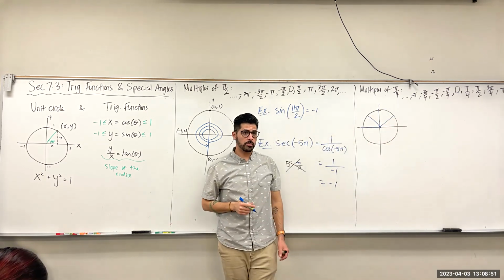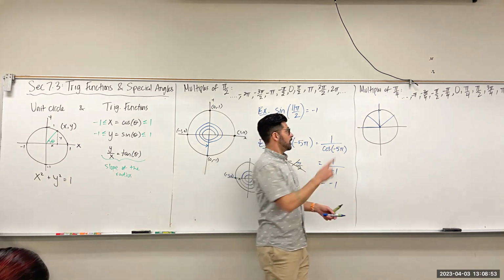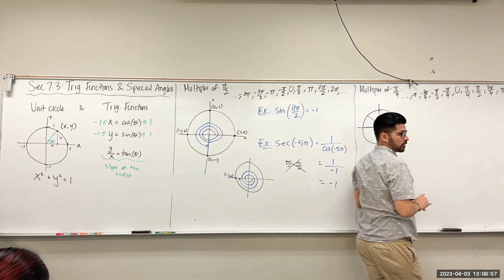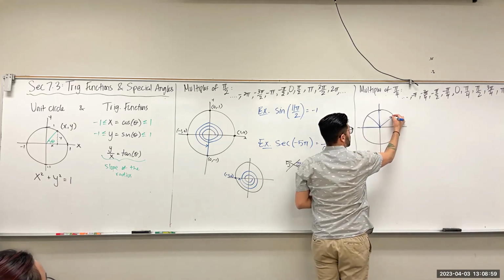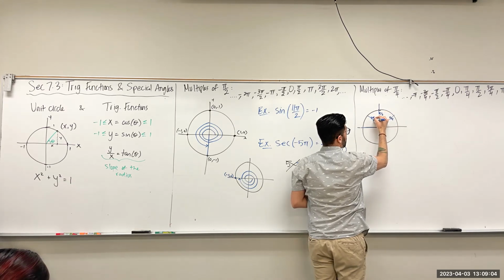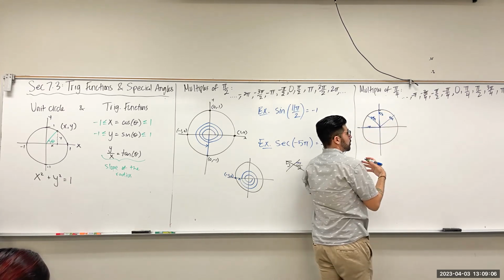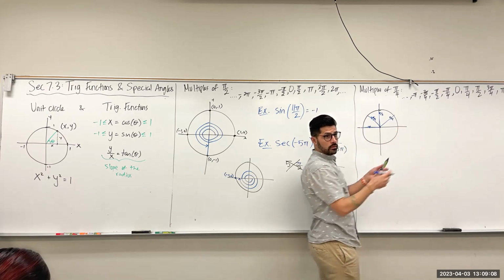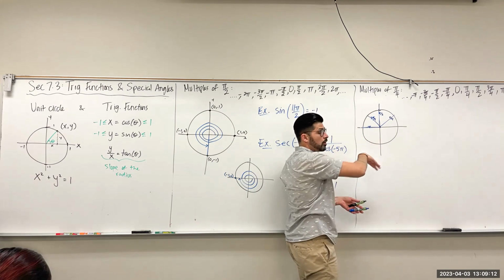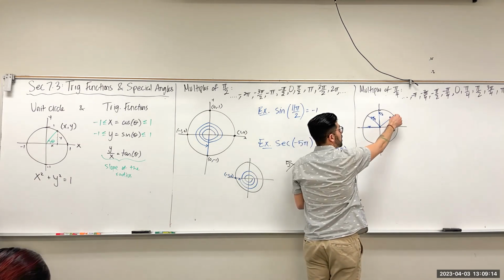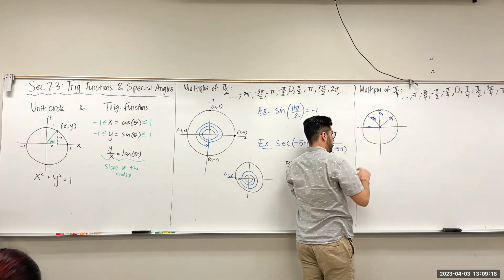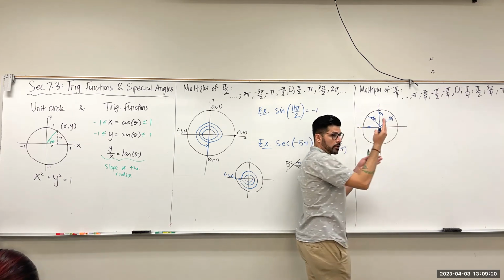You see the 4 slices of pizza there? Those 4 slices correspond to these 4 angles. Here's pi over 4, here's pi over 2, here's 3 pi over 4, and here's pi, which is 4 pi's over 4. And then you just keep going. The bottom gets split up into fourths as well.